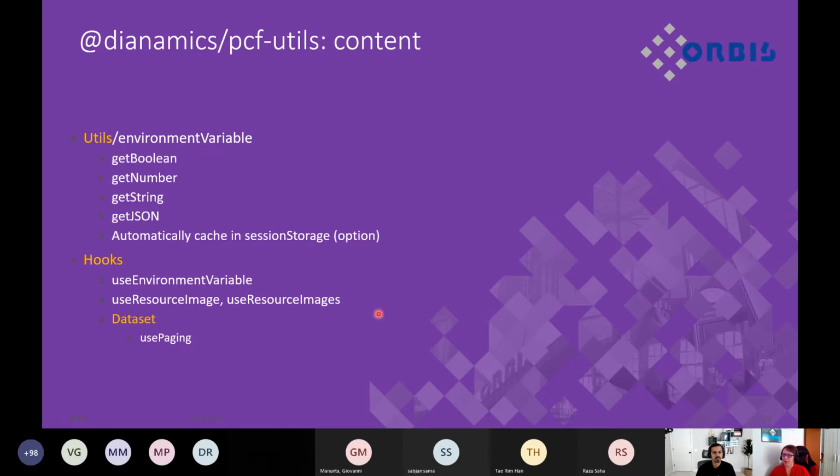And you can see what's inside right now. So I have environment variable functions, get Boolean, number, string, JSON, and I have a few hooks until now. useEnvironmentVariable, useResourceImage, or useResourceImages. I'll go in details right away. And this custom hook for paging that you just saw.